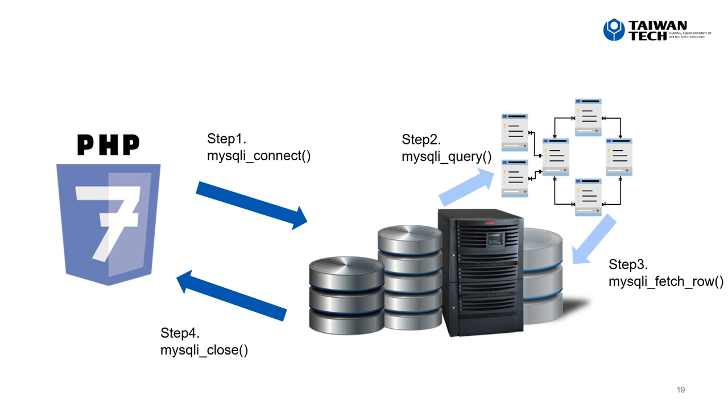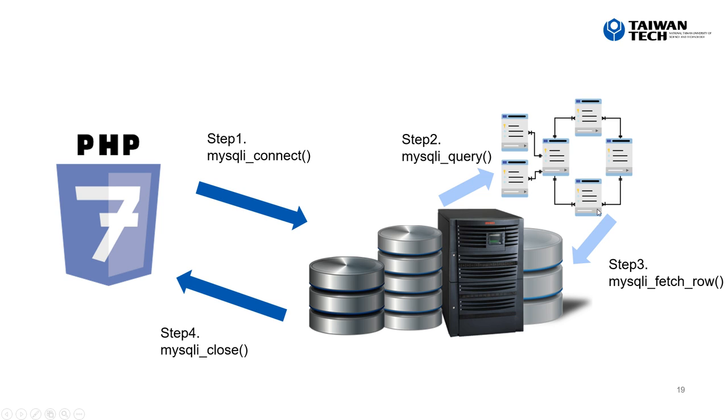The second thing is we need to set up our query. We need to query some things with our server. Maybe you can delete something, insert something, or update something. We just follow the MySQL query.